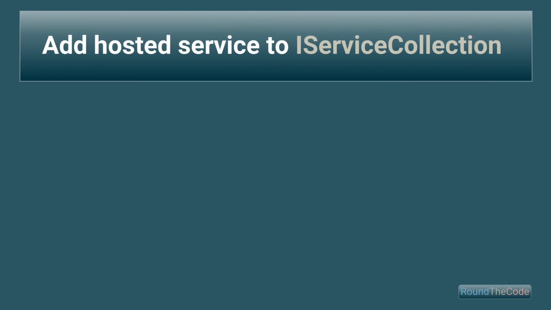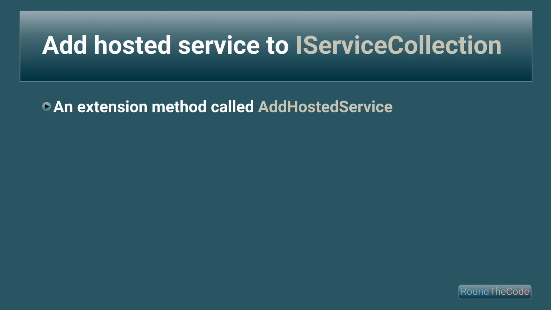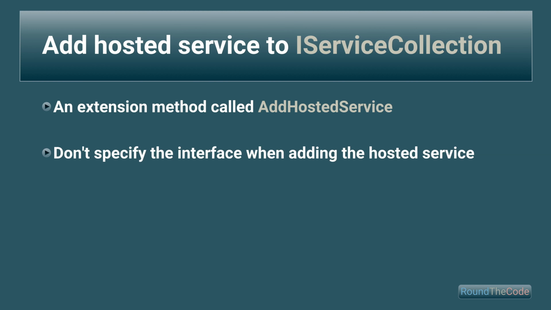When configuring services, there is an extension method called AddHostedService in the IServiceCollection interface. As the AddHostedService extension method is expecting a class that inherits IHostedService, we don't specify the interface when adding the hosted service.